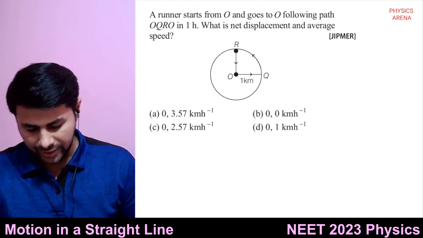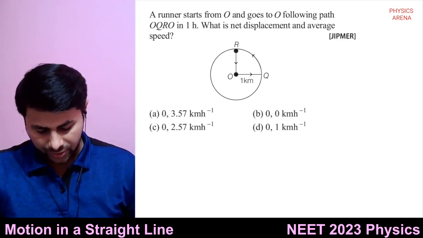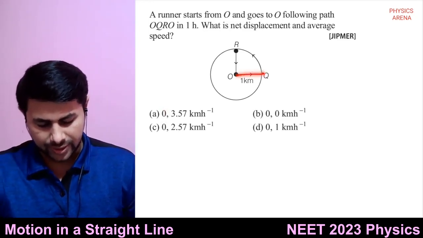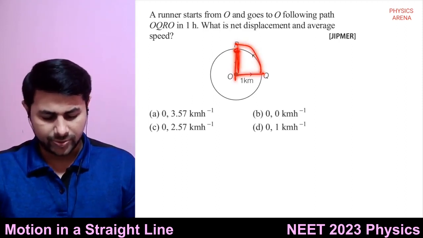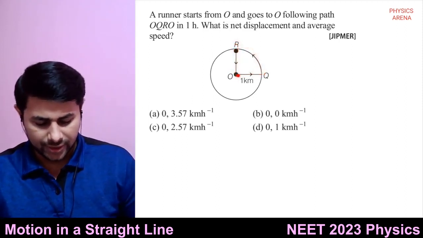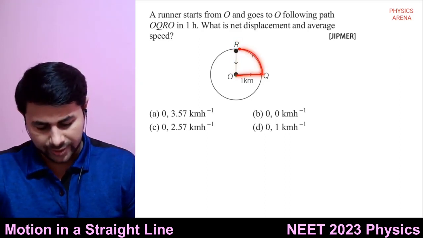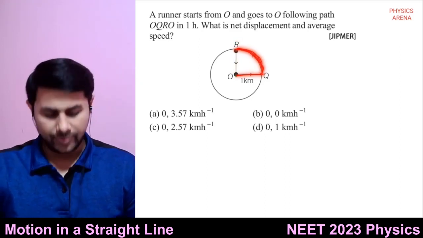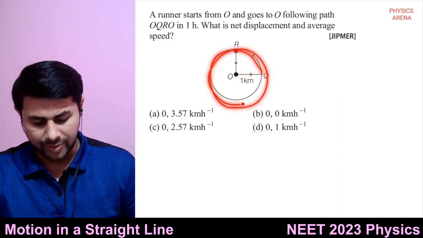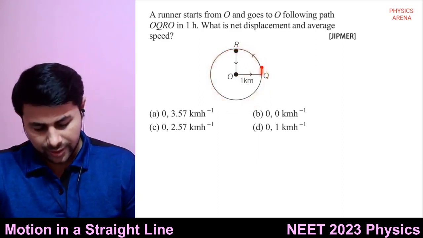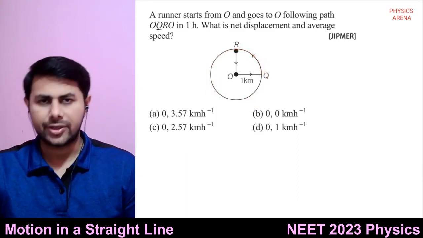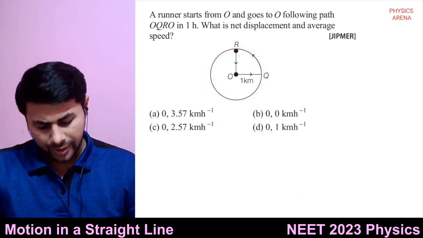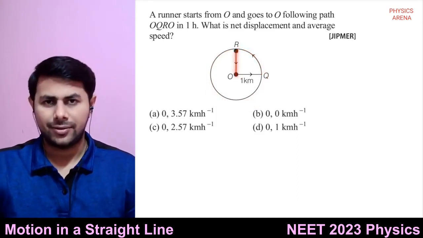So how much is the distance covered? He moves from here to here, and then from here to here, and then from this point to this point. So distance covered is r plus, this is the circumference of the circle, then this much distance is 1/4 of the circumference. So it is 2 pi r divided by 4, plus r.